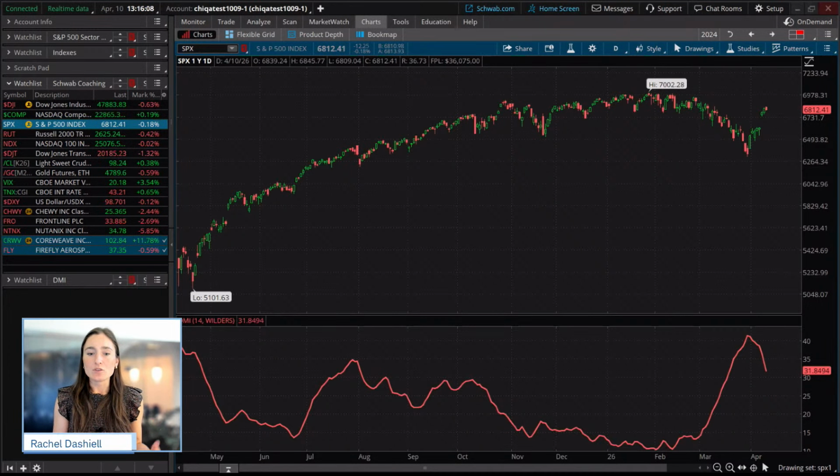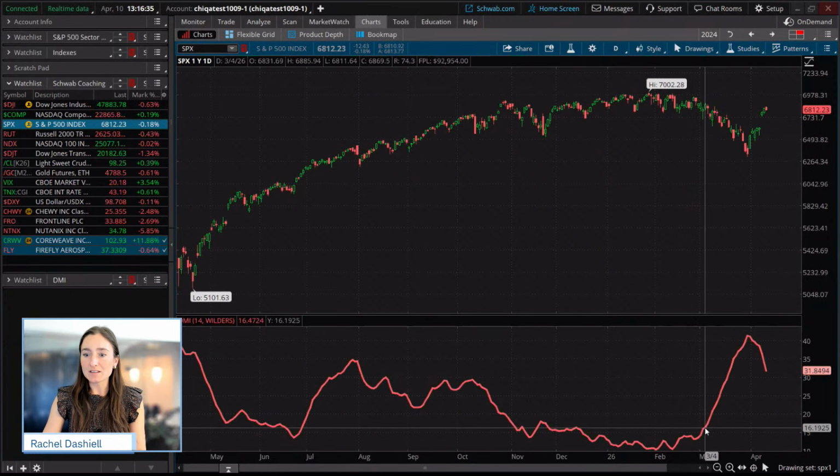A rising line in the ADX, which is actually an indicator in itself, looks exactly like this and you can add it onto the chart. It's found under ADX. If it's rising, it tells you there is an increasing tendency for the trend to continue in that prevailing direction.